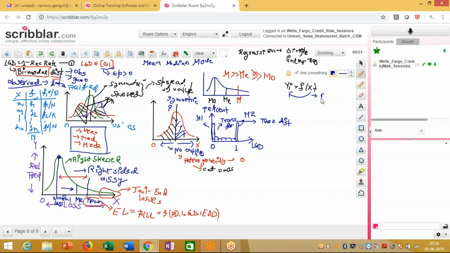So here we have an element of causality between xi and yi.